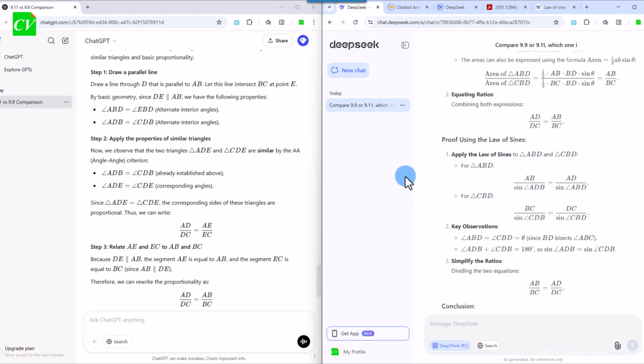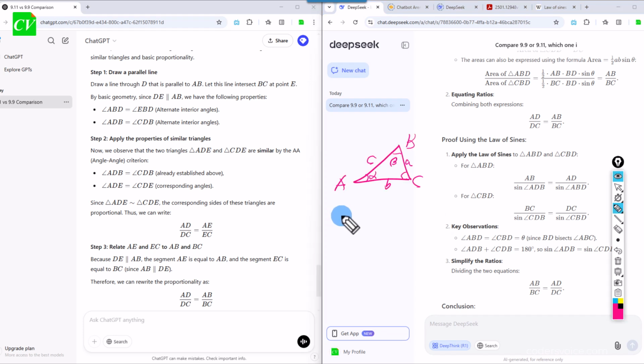You probably still remember the sine law from high school mathematics. So now let me draw it a little bit. The sine law says that the ratio of the length of one side to the opposite angle is the same for all sides of a triangle. So this is what the sine law says.